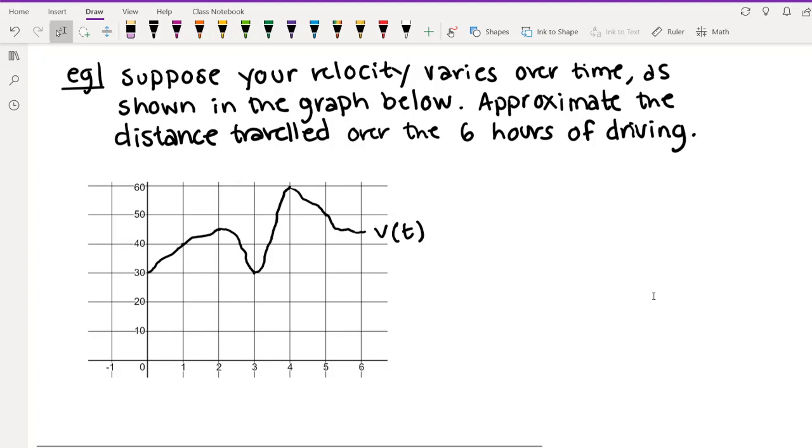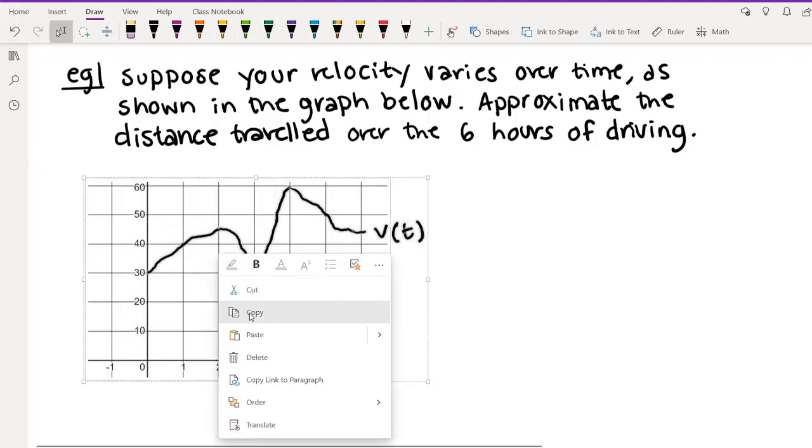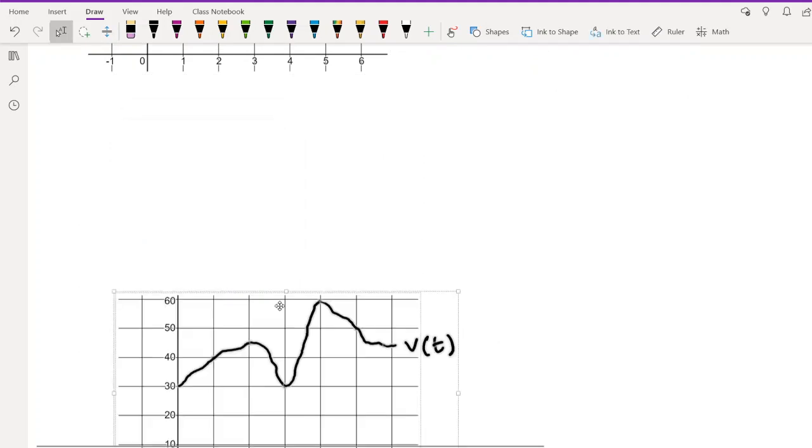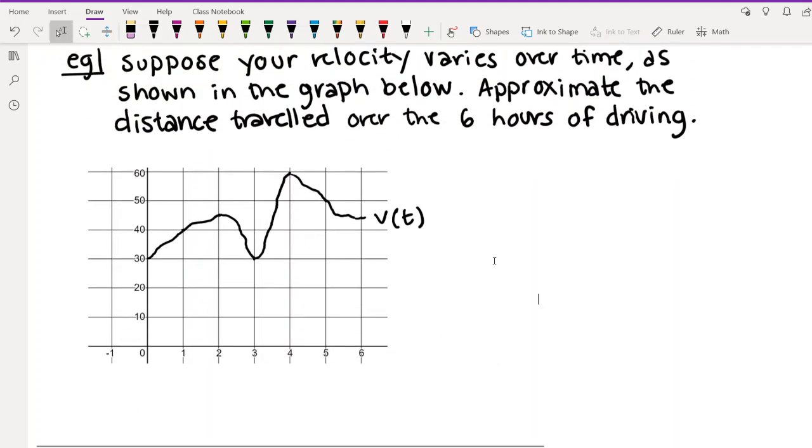So what we can do instead is approximate. We're going to use rectangles to fill in this graph. And you can use either right or left endpoints. It doesn't matter. Let me copy this so I can show you in a second what left endpoints would look like, because in this case, the left endpoints would look a little different.